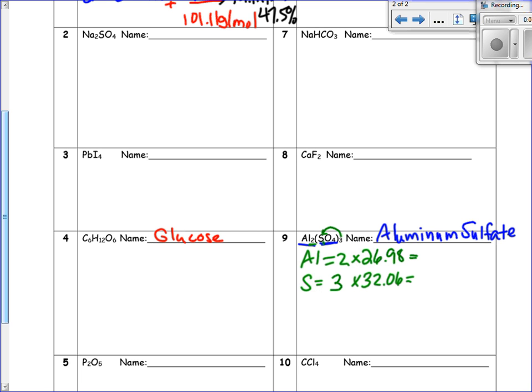Now for the oxygens, how would you figure out the oxygen amount? Distribute that 3 again. 3 times 4 gives me 12 oxygens, and they're all worth 16.00 each. So when you have parentheses, make sure you distribute to the other atoms' subscripts by multiplying. Then you can add that up and do the percents from there.